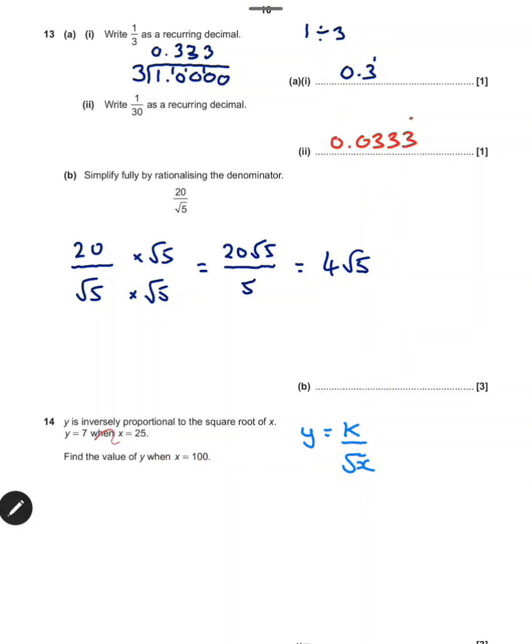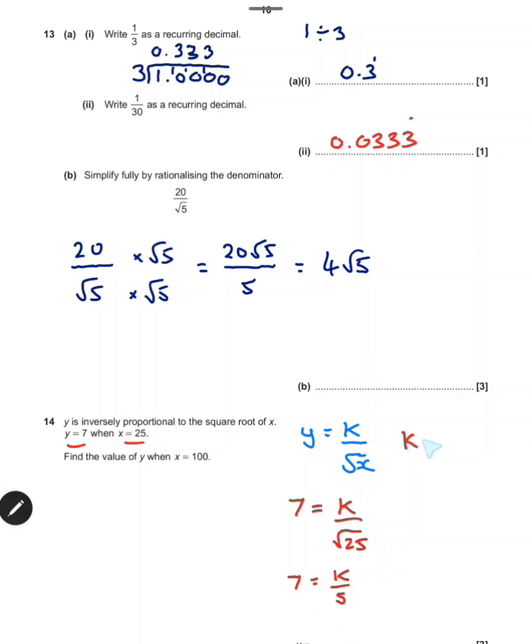We can substitute these numbers into that. So y is 7. We get 7 equals k over the square root of x, which is 25. And we can work out k. That's the same as 7 equals k over 5. Something divided by 5 is 7, or 7 5s are 35.